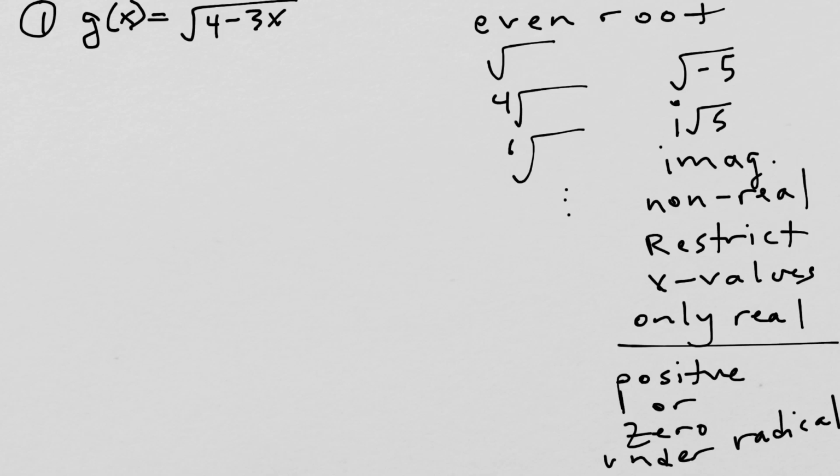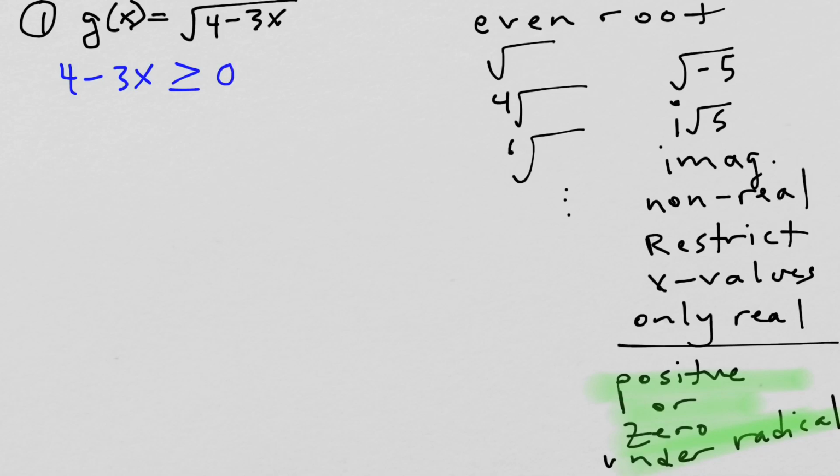Those are the restrictions we have for when we have an even root, positive or zero under the radical. So in our case, 4 minus 3x has got to be positive or equal to 0.